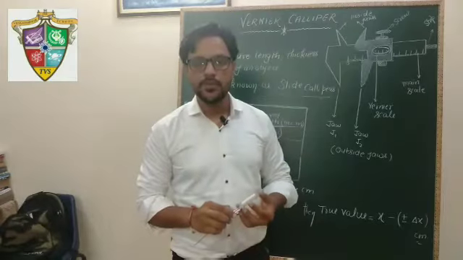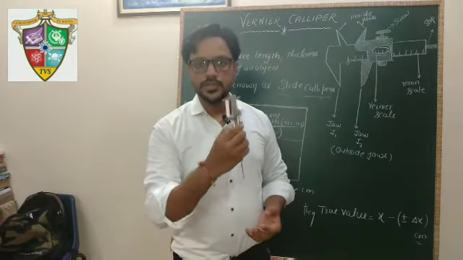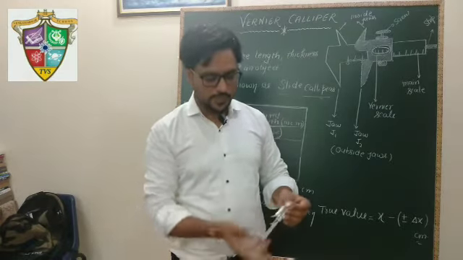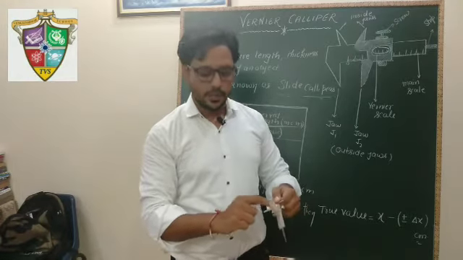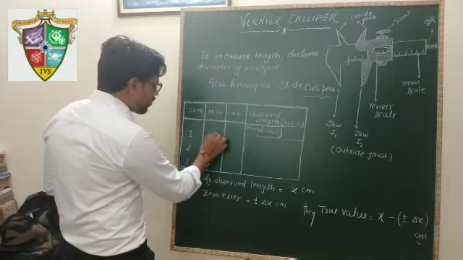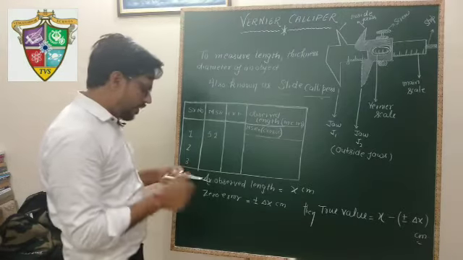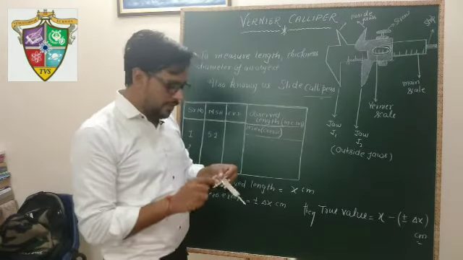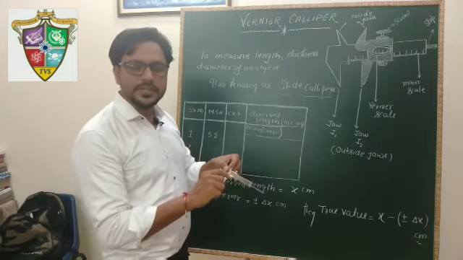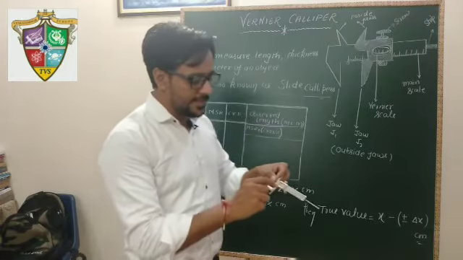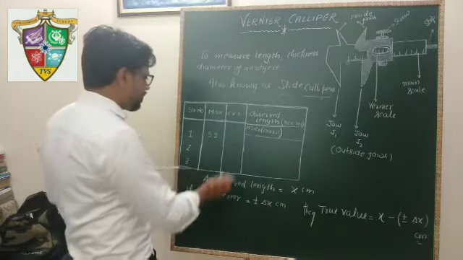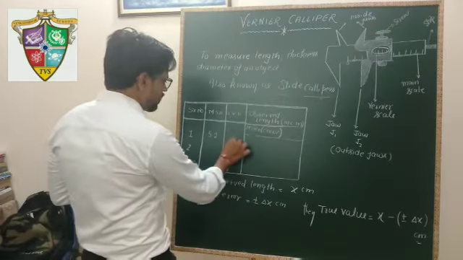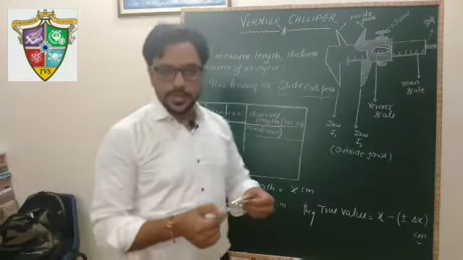Let's see how we will calculate the length of this chalk with the help of this vernier caliper. We will first see the main scale value, and it is 5.2 on the main scale. And now we will see which of the vernier divisions is coinciding with the main scale. And here it is the fourth division that is coinciding with the main scale.